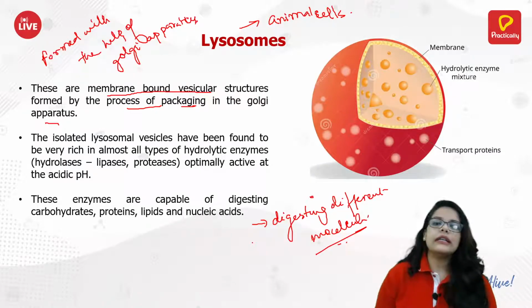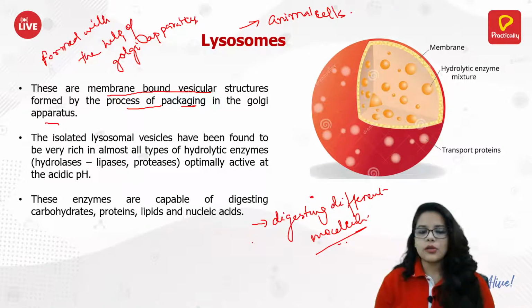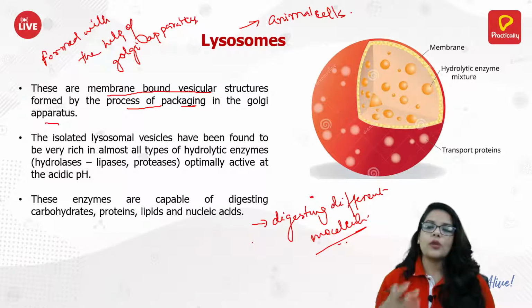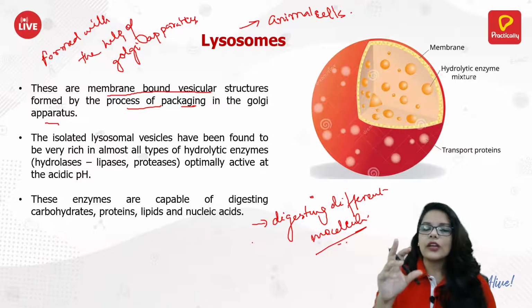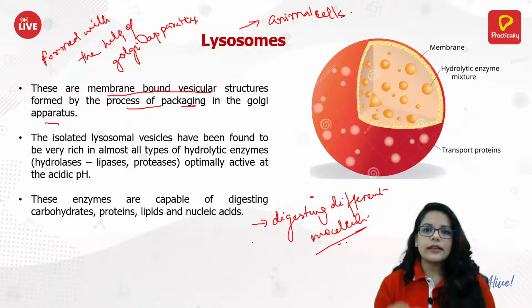Okay, so it can be some food materials also, it can be some proteins, carbohydrates, lipids, nucleic acids, anything can be there. The other thing lysosomes do is, if somehow some foreign particle, some bacterial particle or some genetic particle comes inside, they can catch them also and digest them and send it out.